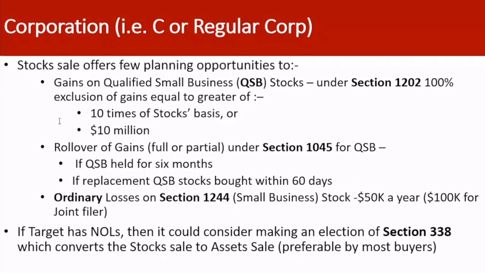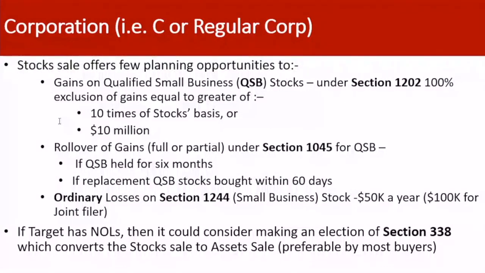There are rules which can qualify the stock as qualified small business stock under section 1202. If you meet those requirements, then on the gain from the sale, up to 10 times the stock basis or $10 million, whichever is greater, you don't have to pay the tax.